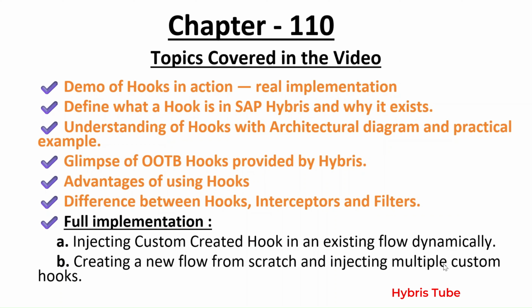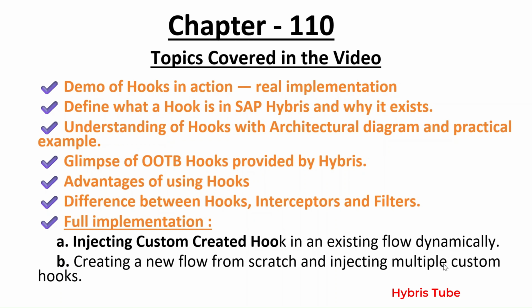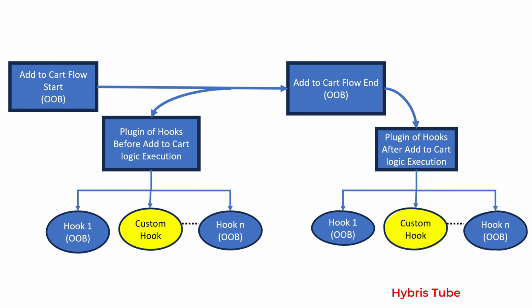Now, the final part of this video is the actual implementation, and we will be doing two types of implementation. Firstly, we will be injecting a custom created hook into an existing flow dynamically. Here, what is my requirement? The requirement is that I already have the add to cart flow, right?